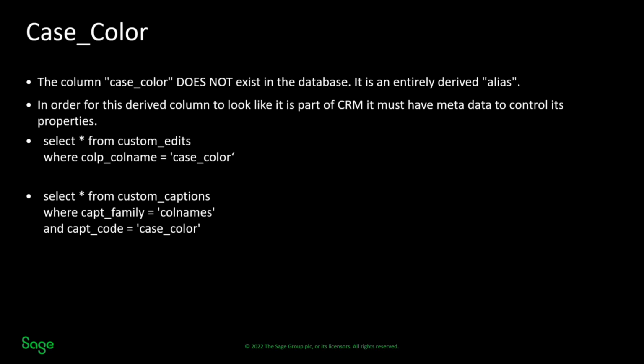So we have here, in this case, as though it existed, a column definition called case_color, which describes the type of field that it is. In this particular case, it's described as a selection list with an associated image for each value. And you can see that it also has a corresponding caption.